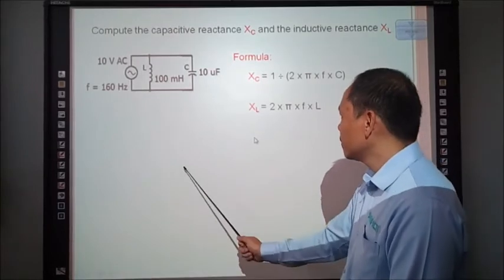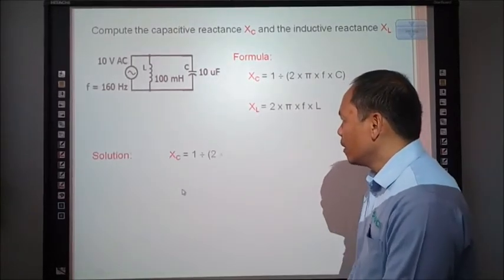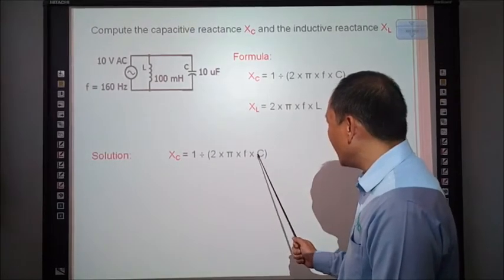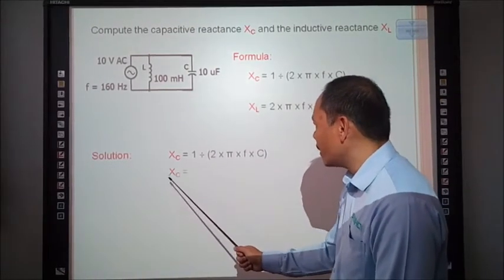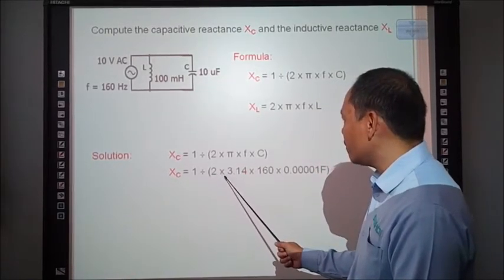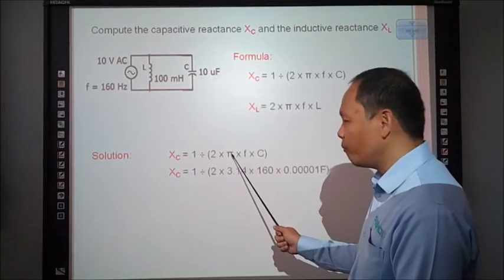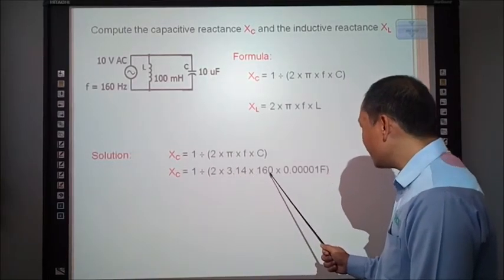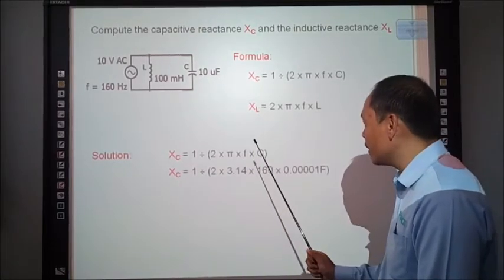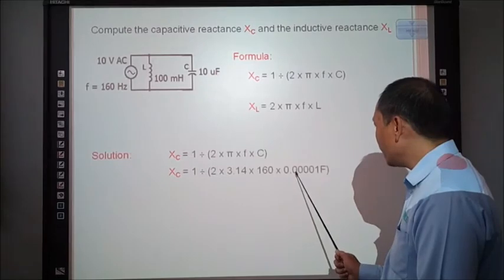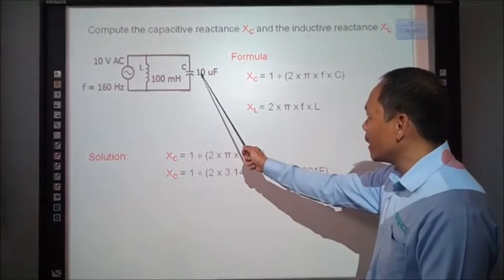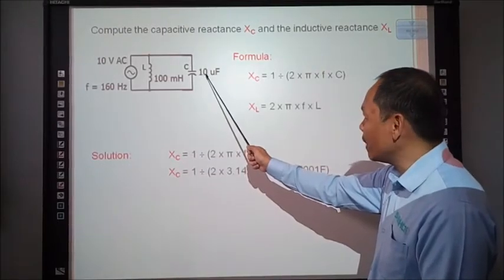Solution. Let's substitute the values of pi, F, and C. Your XC, or capacitive reactance, is equal to 1 divided by (2 times 3.14, the value of pi, times 160, the value of your frequency in Hertz, times 0.00001 farad, the capacitance value).